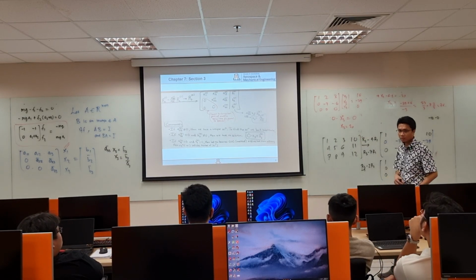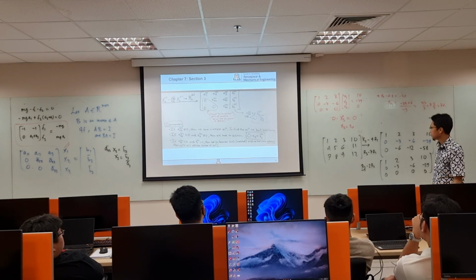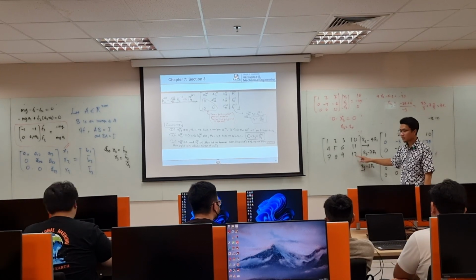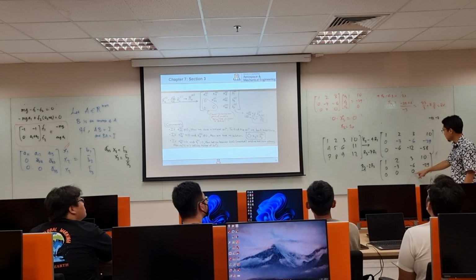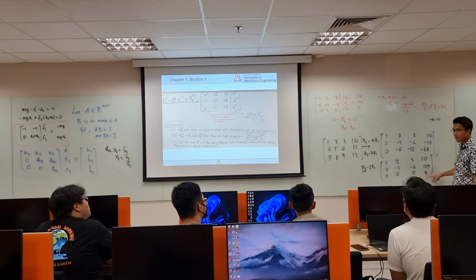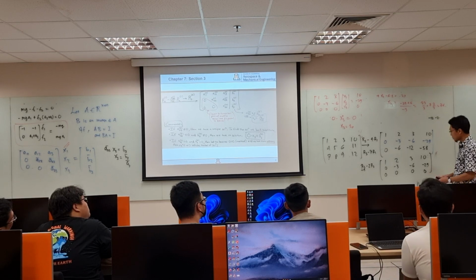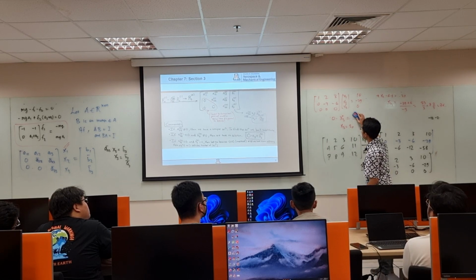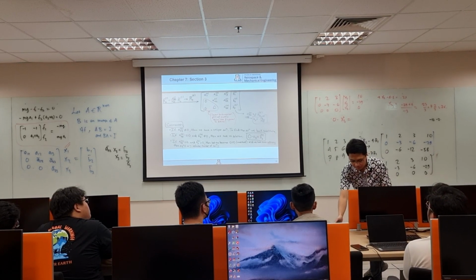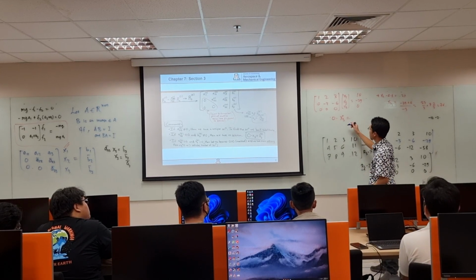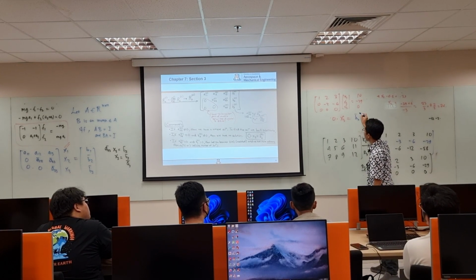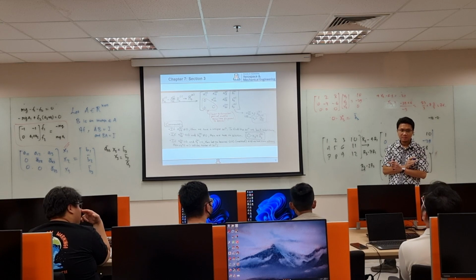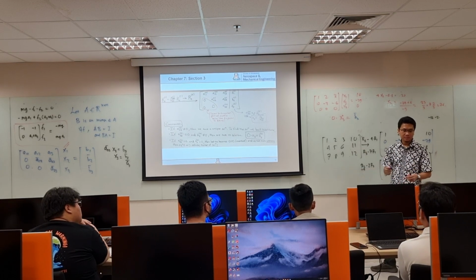For the sake of example, if I change this number into a different number, let's say 13, then I will have 0 here and non-zero here, correct? So instead of this, I will have 0 times x3 equal to, let's say, 3 bar. In this case, there is no solution, and that is possible to happen.